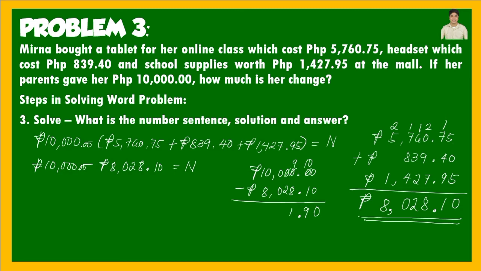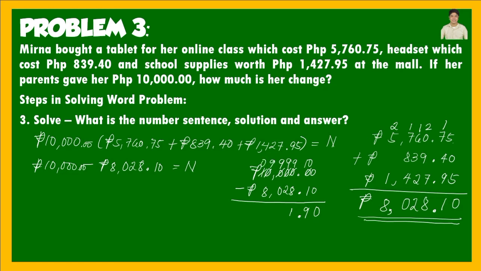Ito naman, magiging 7. And 9, ibig kong sabihin. And then, ito magiging 9 din. Ito 9. And then, ito magiging 0. Ayan, ang dami nating ni-regroup.